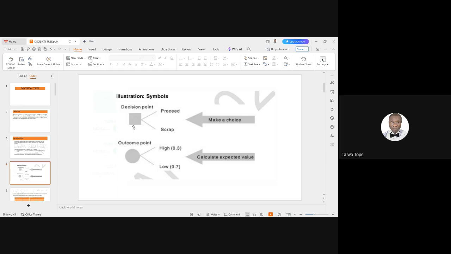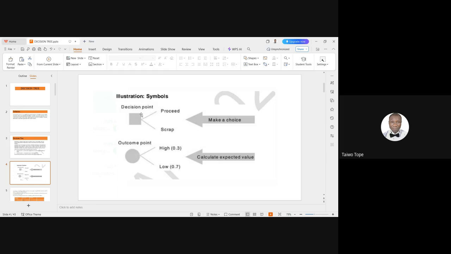Now, the other is the chance node. Or we can refer to the chance node as what? The point of uncertainty. So the chance node is the circle or oval shape. It has associated probability attached to it.